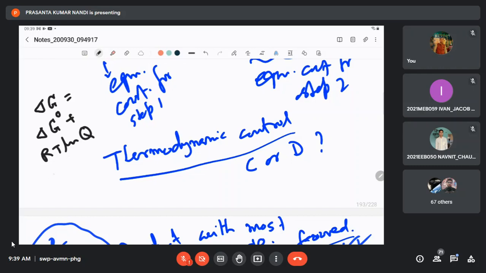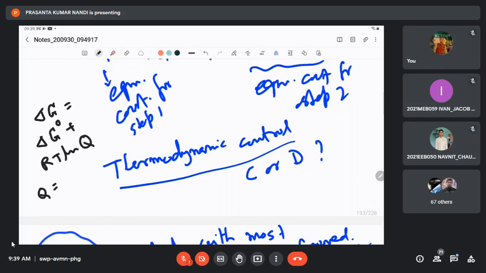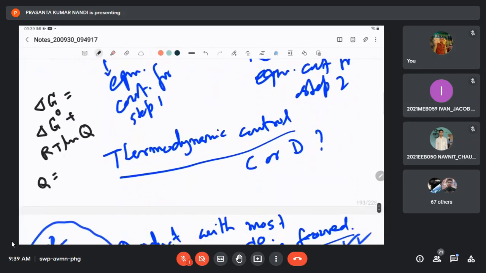Here Q is the ratio of the concentration of C to D at any time. What is the concentration of C and of D at the same time interval? You take the ratio, and that gives you the reaction quotient.